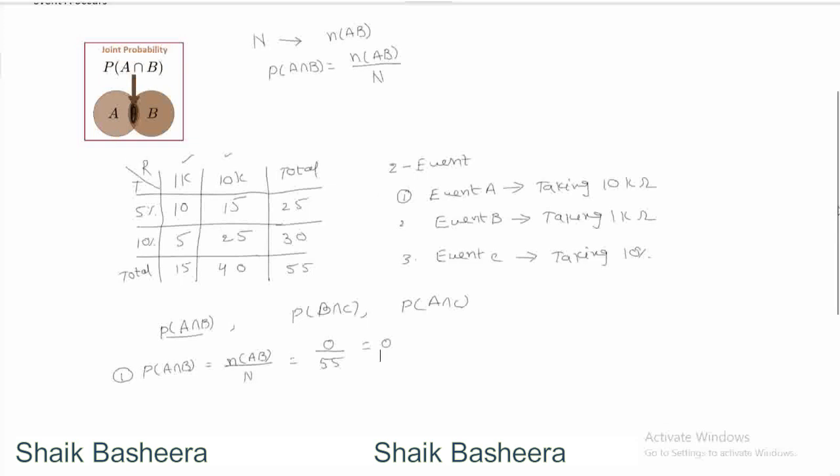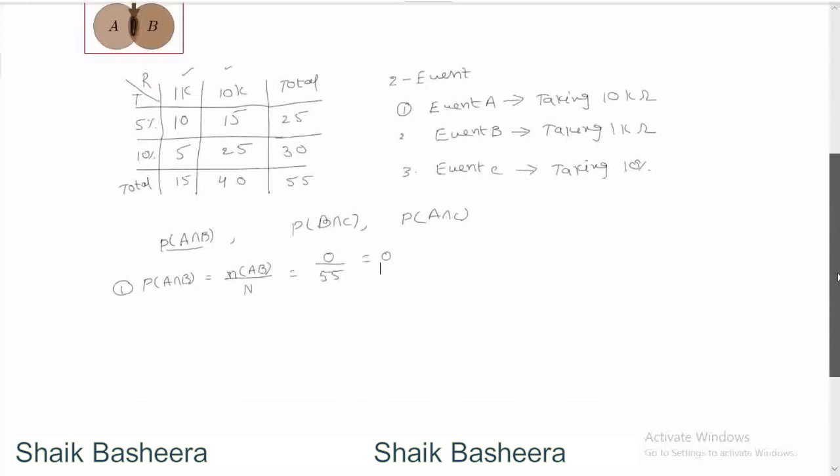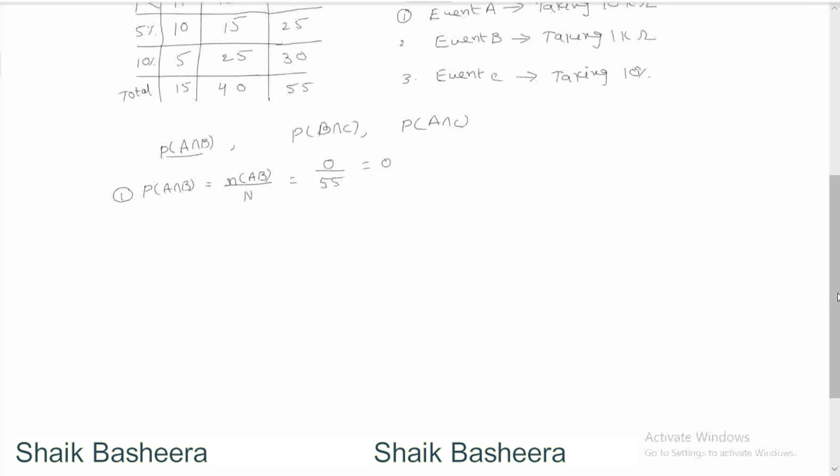Similarly, we go for the second one, probability of B intersection C. Over here also we write n of BC by n. It means the number of components carrying the mutual information of BC out of the total number of samples.